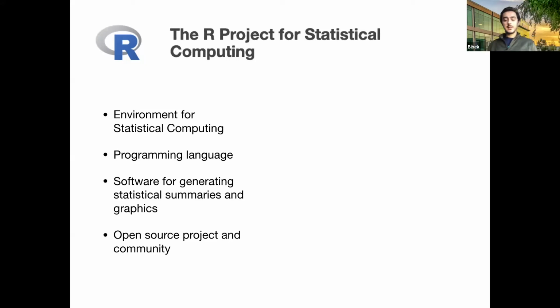And in addition, R is also a big community of experts, novices, and people with various experience levels that are online and helping each other in the spirit of the open source community.